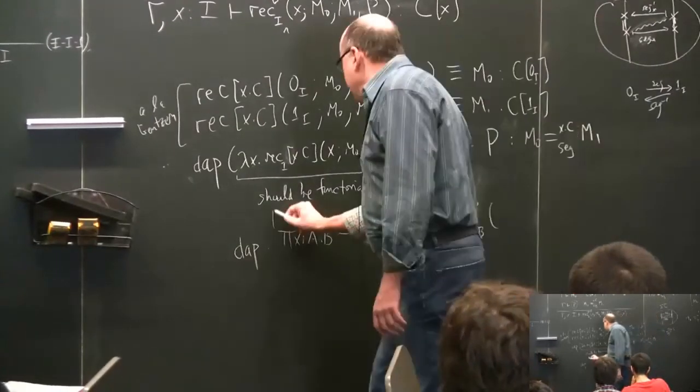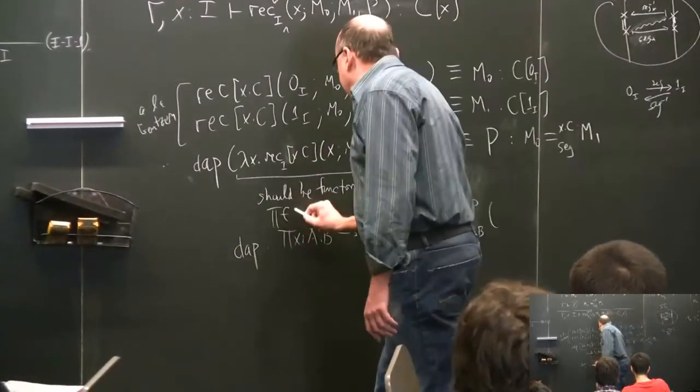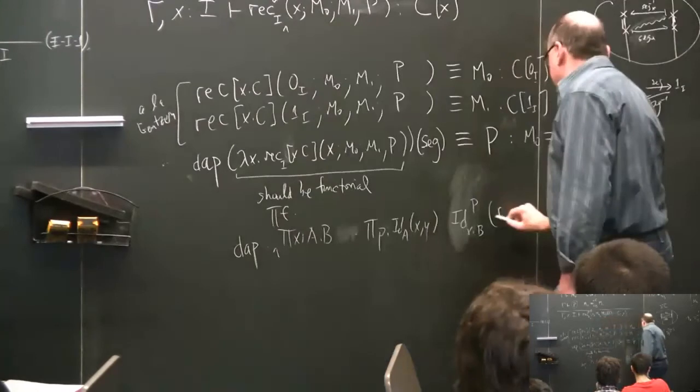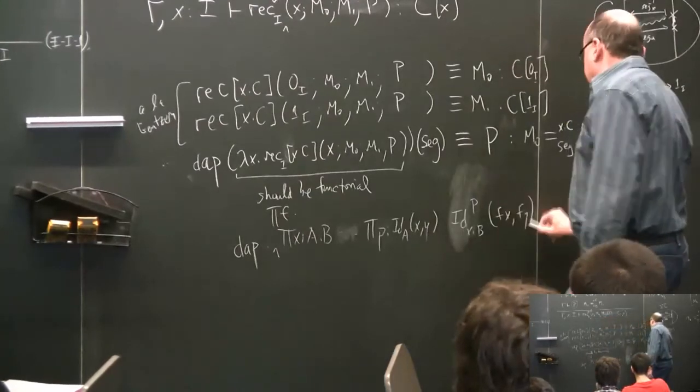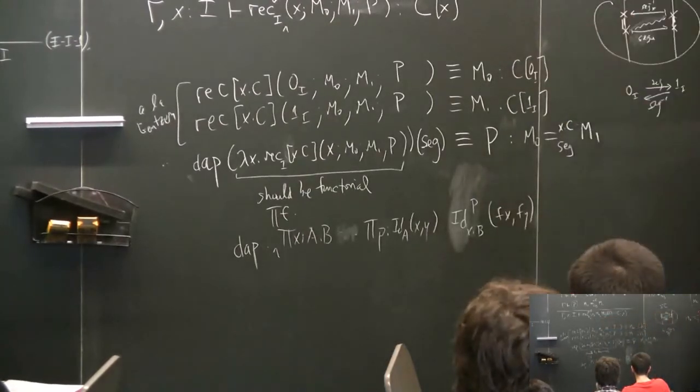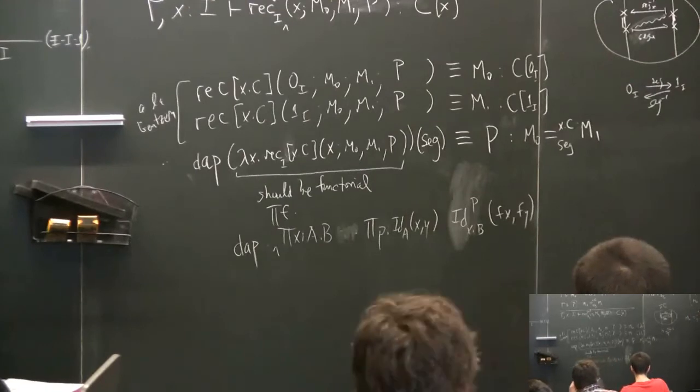Let's call that f, and then it would be fx and fy. That would be the generic type of DApp.